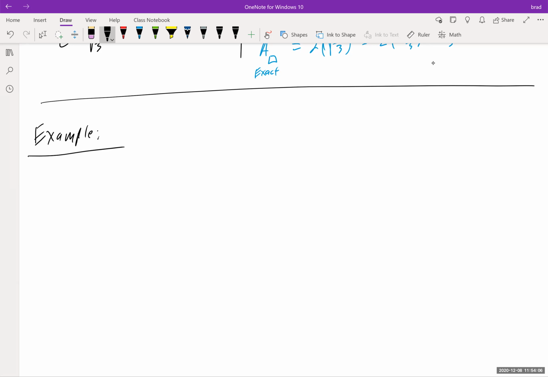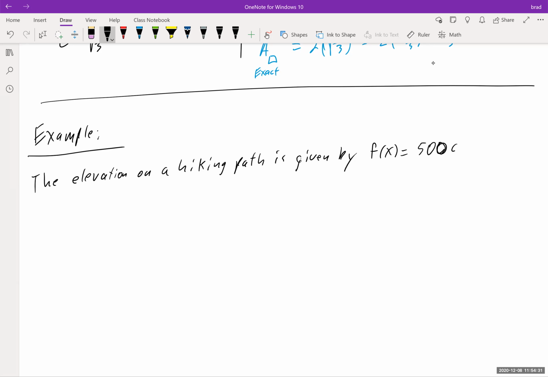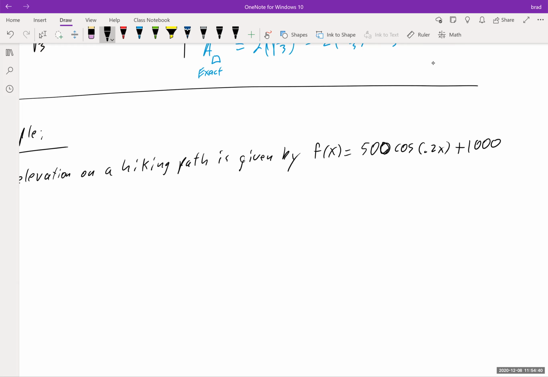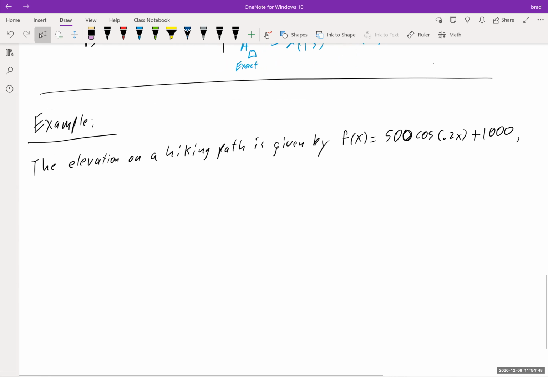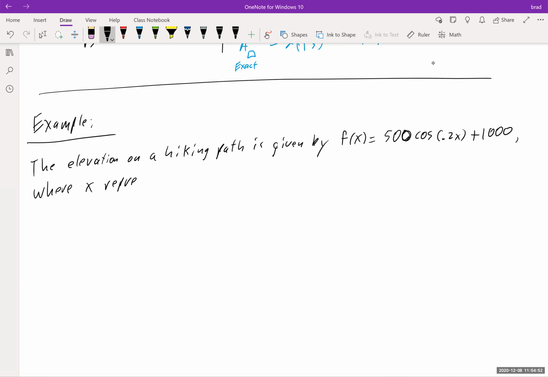Okay, and it says the elevation on a hiking path is given by f of x equals 500 cosine of 0.2x plus 1,000, where x represents the number of miles from the trailhead.